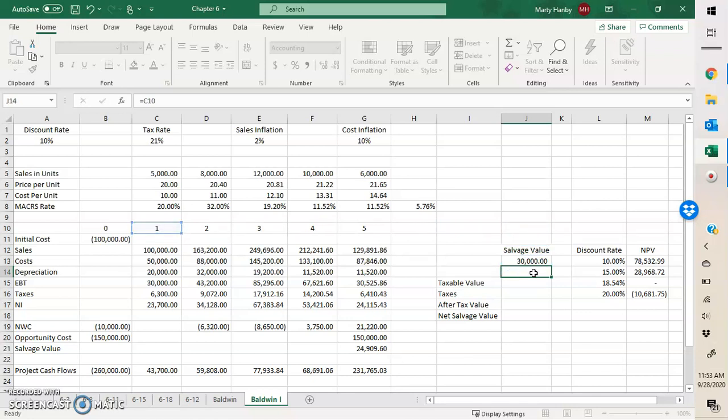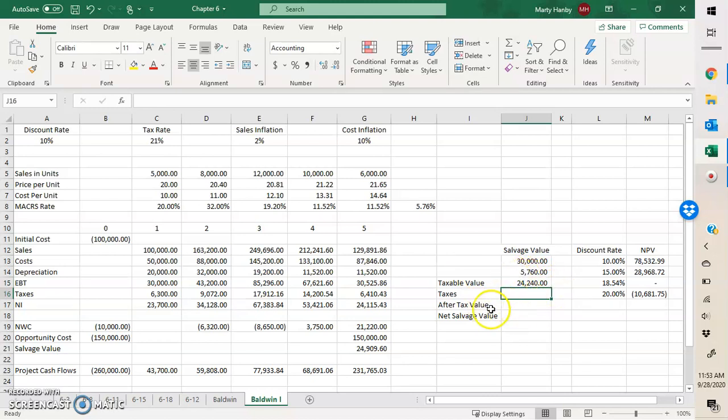Whoops, let's start over. Equals, we'll do minus the $100,000 times the 5.76%. So my taxable value is going to be $30,000 minus the 5,760. I'll have to add that back when I get to calculate the net value.